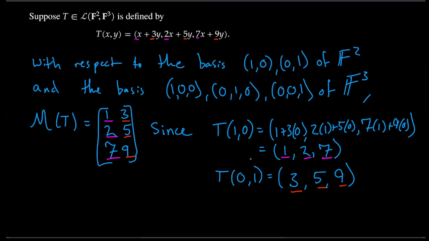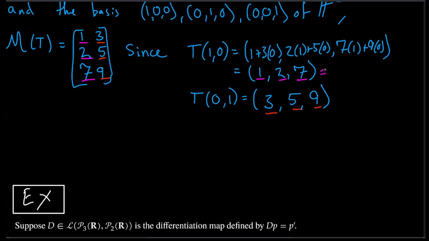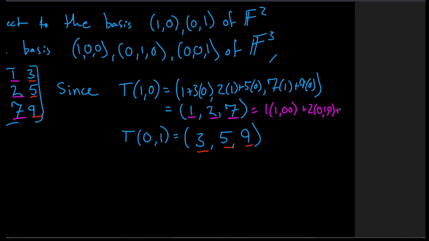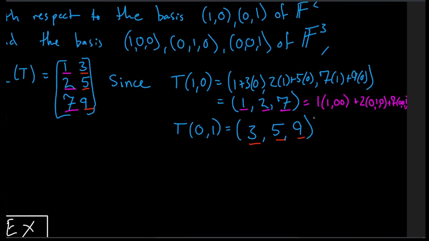So notice, this is just a fancy way of saying 1 times the basis vector (1, 0, 0), plus 2 times the basis vector (0, 1, 0), plus 7 times the basis vector (0, 0, 1). Running off the page there slightly, but you get what I mean.